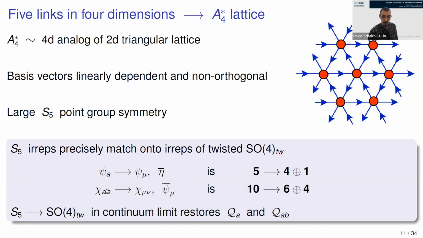So the 5 and 10 component objects transforming under the S5 map onto the vector and pseudoscalar components of the fermions under that twisted rotation group, and similarly for the 10-dimensional representation matching onto the antisymmetric tensor and pseudovector representations. And it is exactly the promotion of this point group symmetry to the twisted rotation group in the continuum limit that enhances the single scalar supersymmetry to restore the other 15.